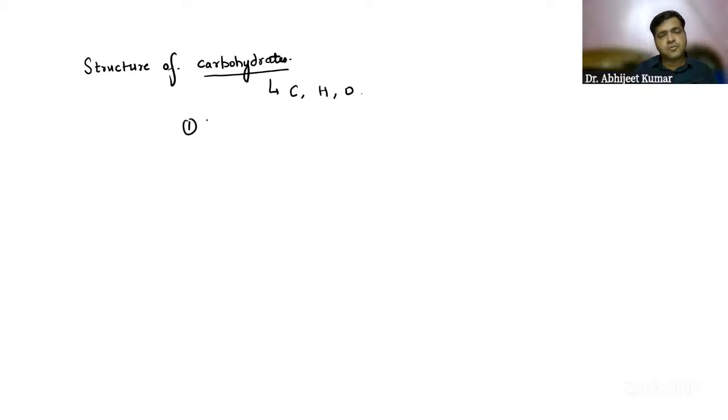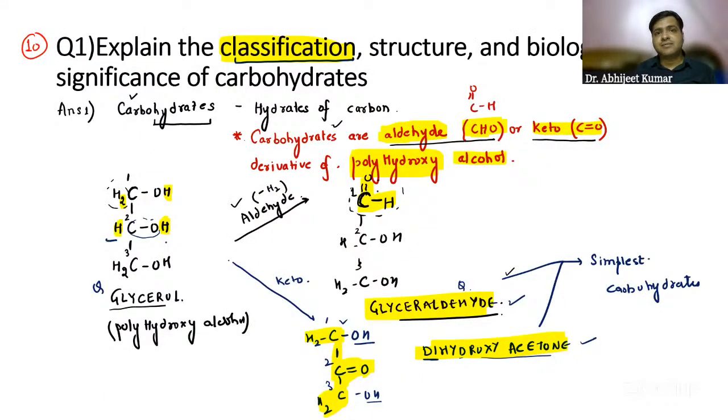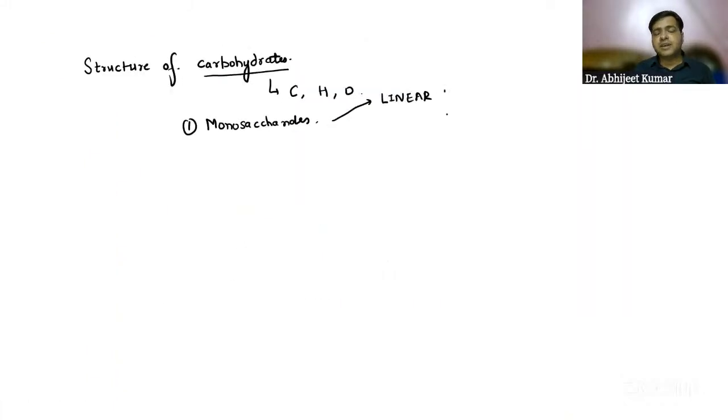For example, if we talk about monosaccharides, they can exist in the linear form, just like I have shown in the very first slide. Glyceraldehyde and dihydroxyacetone, even glucose and galactose, they all exist in the linear form, right? And we have the cyclic form also.